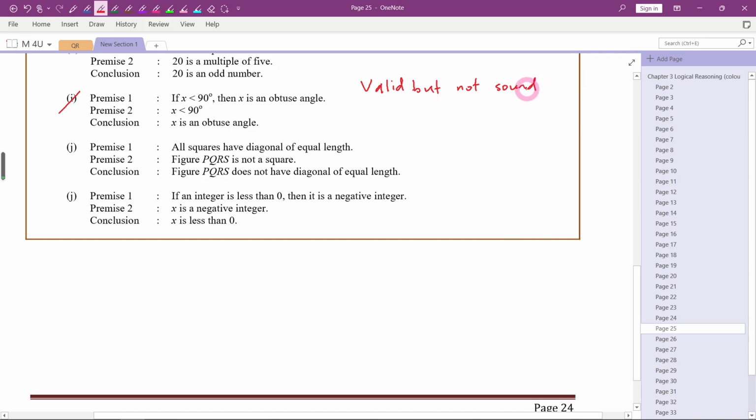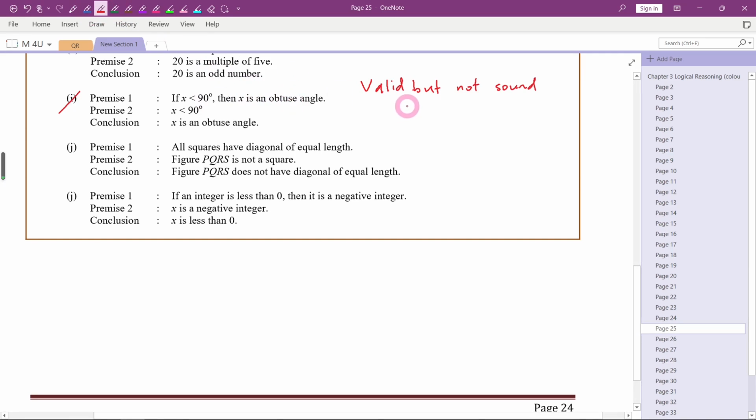Why not sound? Because premise 1 is not true. Is that true? No. If x is less than 90 degrees, then it will be an acute angle, not an obtuse angle.